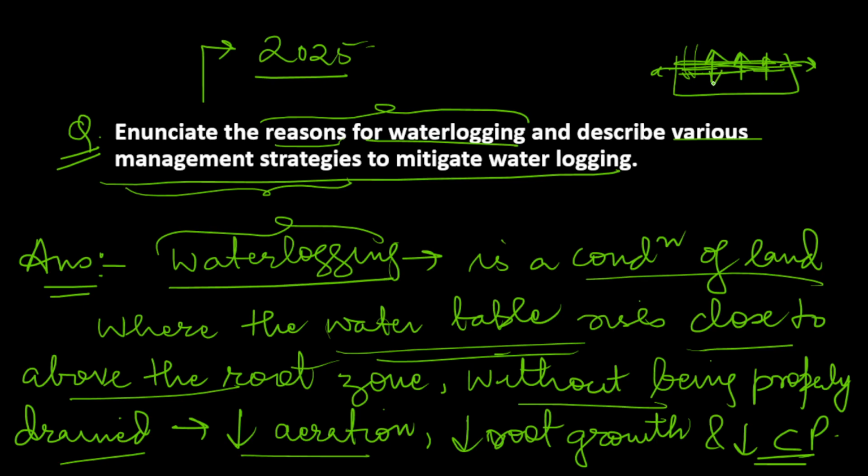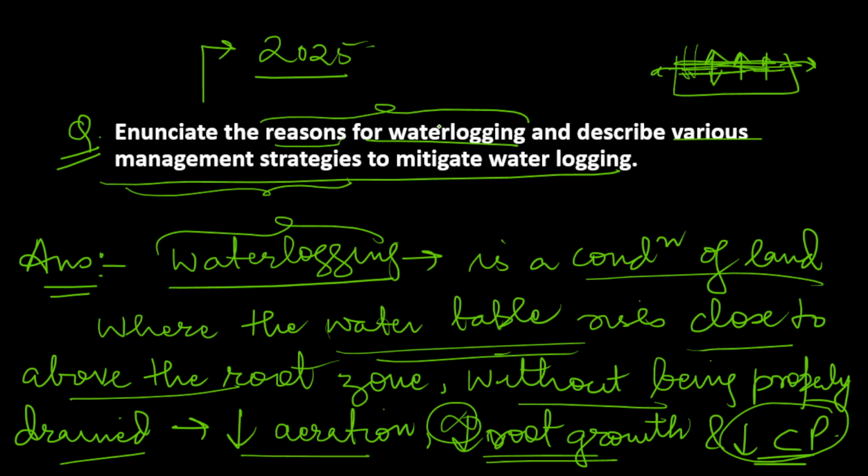If there is not proper aeration in the soil, the root growth will be affected, which in turn will reduce our crop yield. So this is how you can define waterlogging. I hope you understand it.